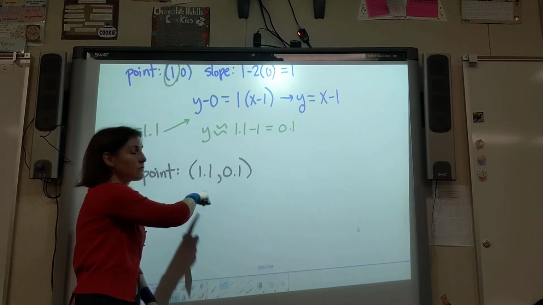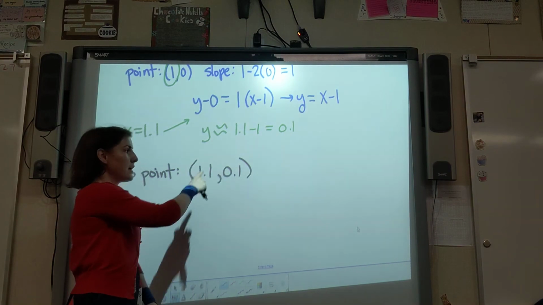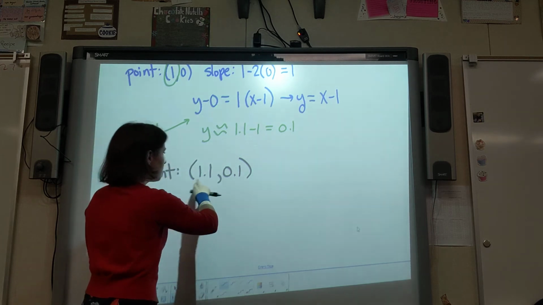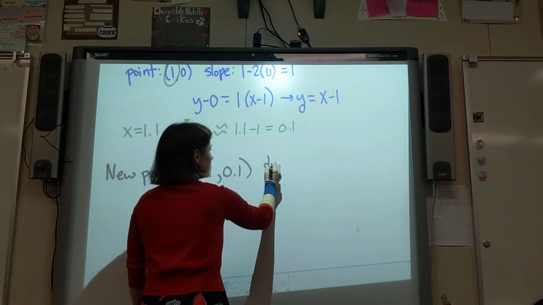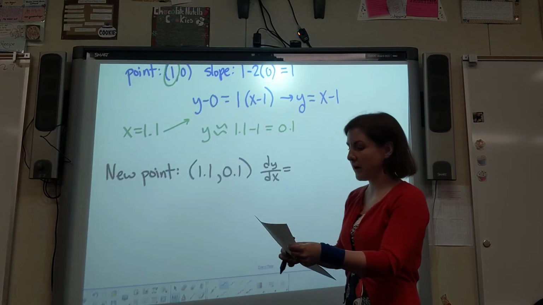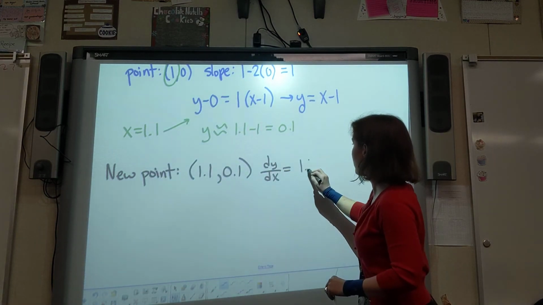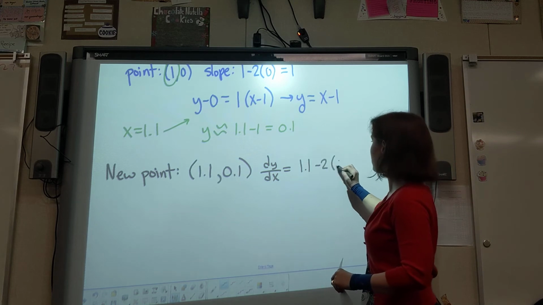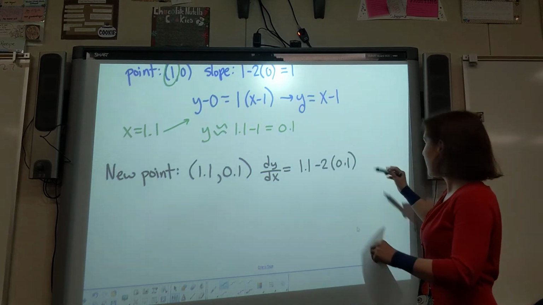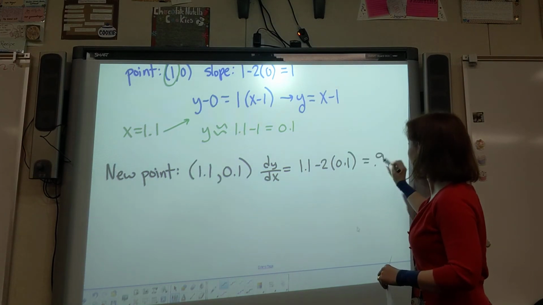I'm going to start from scratch now with this point and get a point and a slope and write a tangent line. Okay, so point, let's do slope, dy/dx. What's that going to be? It's x minus 2y. So the x is 1.1 minus 2 times the y, 0.1. And so our new slope is 0.9.